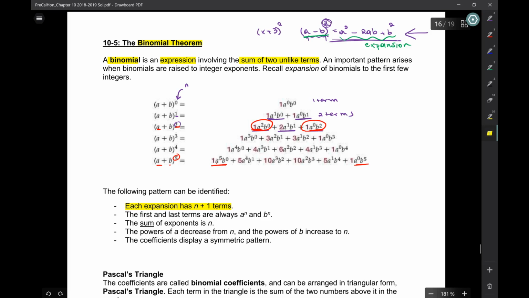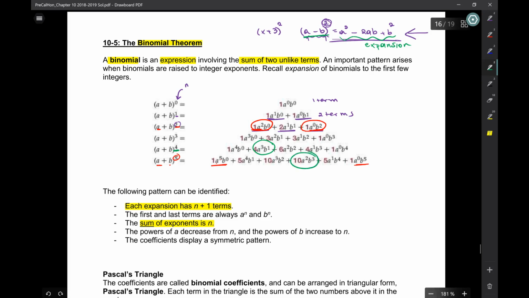Next, this is my favorite one. The sum of the exponents for each term is n. Okay, so take a look at this one. Pick any random term. I'm going to pick this one. Exponent of 3, exponent of 1. 3 plus 1 is 4. Look at this one. It's a plus b to the 4. Okay, that was luck. Let's just pick another one.